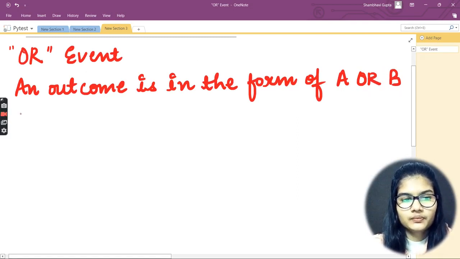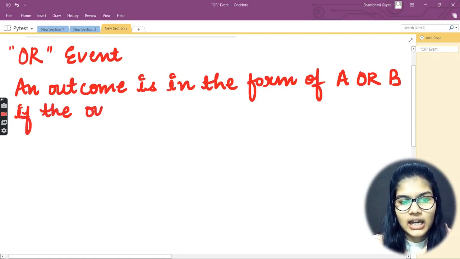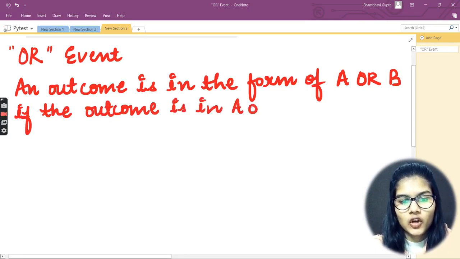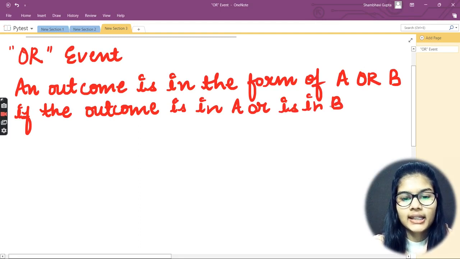If the outcome is in A or is in B. Fine, let's take a quick example regarding this OR event.